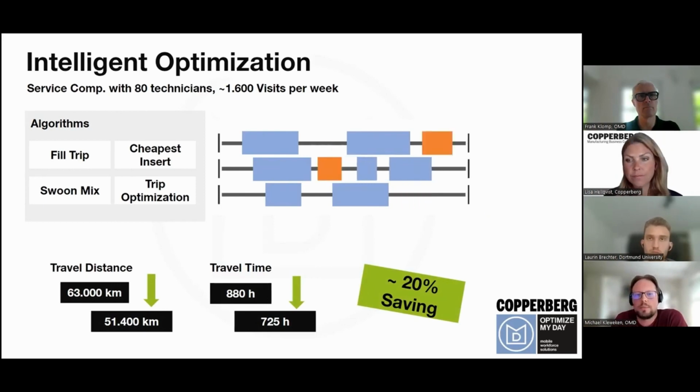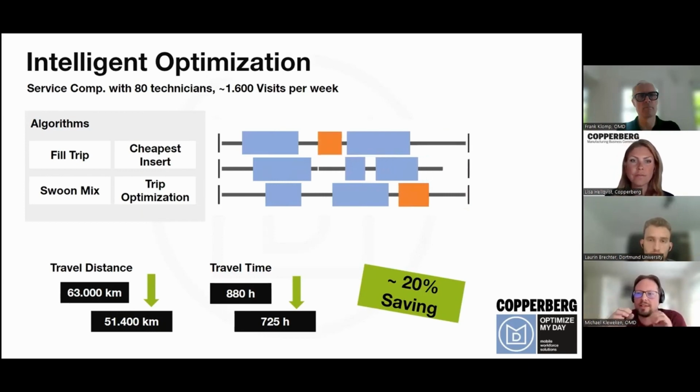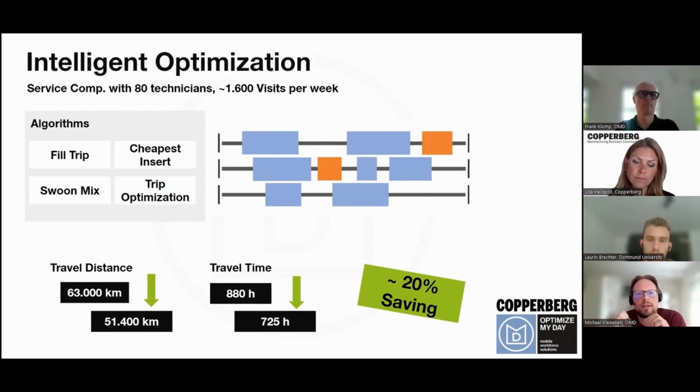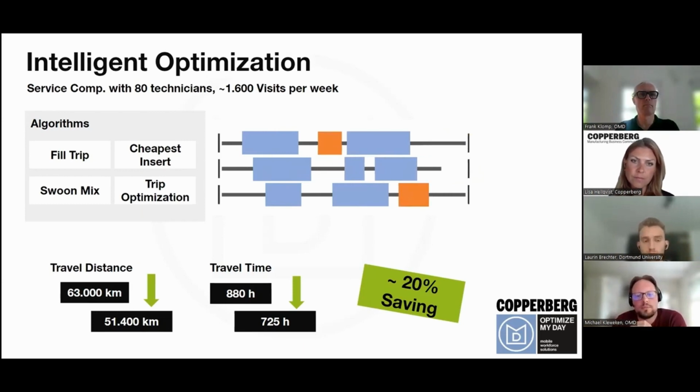The main message is that it's not only one algorithm that saves you all the money. It's always a setup of different technologies that must be streamlined and customized together with a customer. Then it's really possible to save a lot.